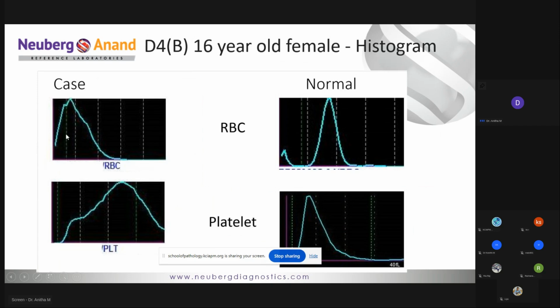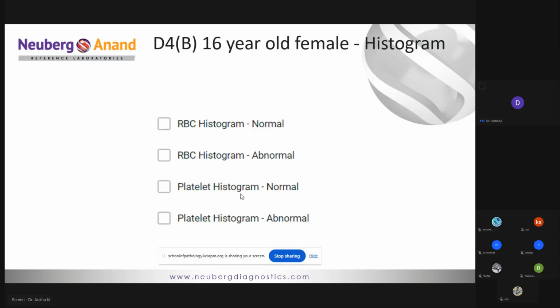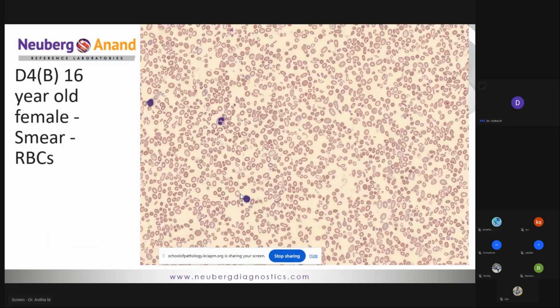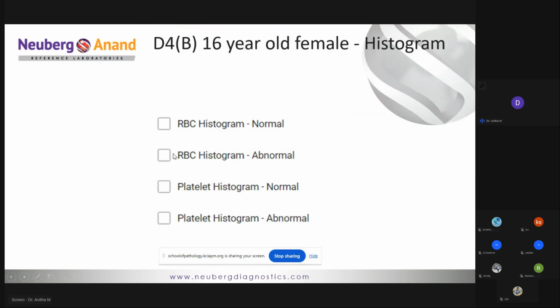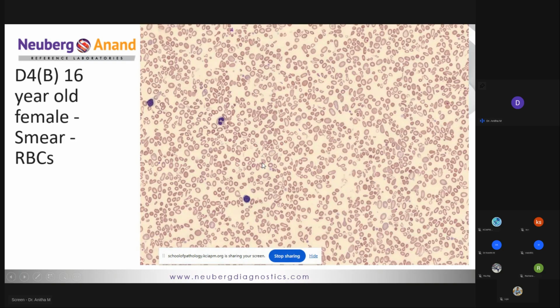And these fragments again have entered the platelet histogram, and that's where this histogram is becoming abnormal, and that is being counted as platelets. So again, in these two, we wanted you to choose these two options, which is abnormal RBC histogram and abnormal platelet histogram.